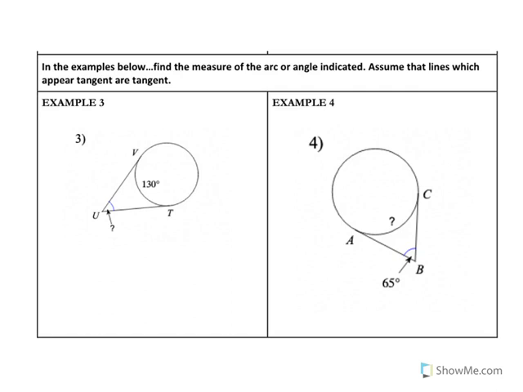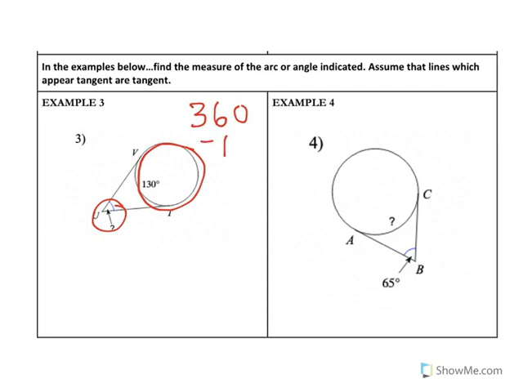Now we're looking at the tangents that form the vertex. That's called a circumscribed angle. And we learned that this angle is half the difference of the 2 arcs. So what do we know? We know that this entire circle is 360 degrees. We know that this arc is 130.